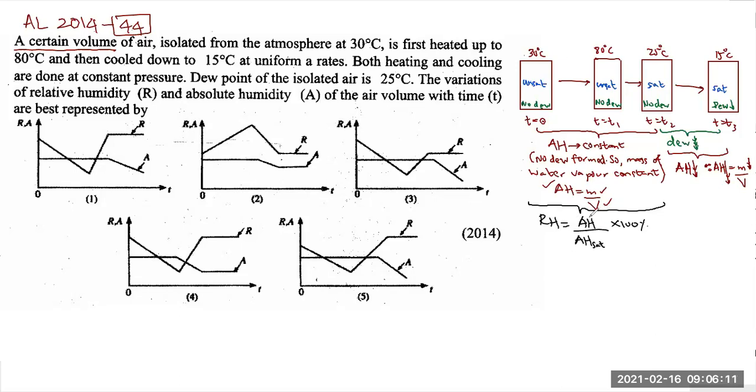Absolute humidity from t equal to 0 to t equal to T2 is constant. Why? No dew is forming, so the mass of water vapor in air doesn't change, volume is constant, therefore absolute humidity is not changing. But absolute humidity of saturated vapor is going to increase until this point.